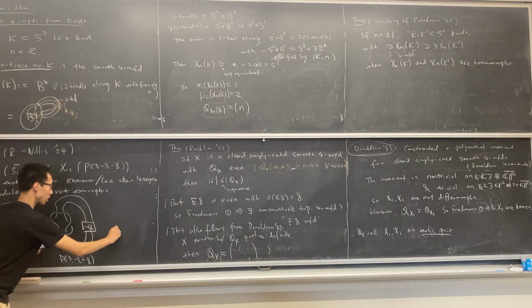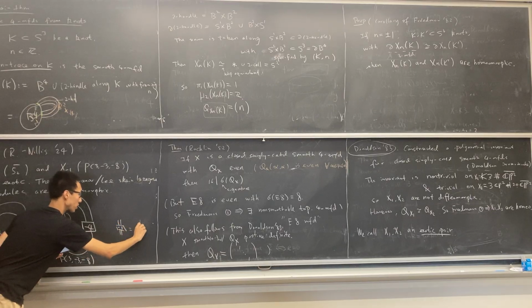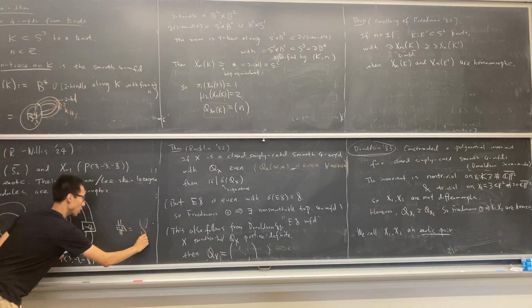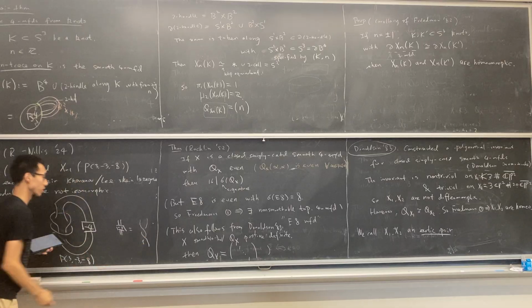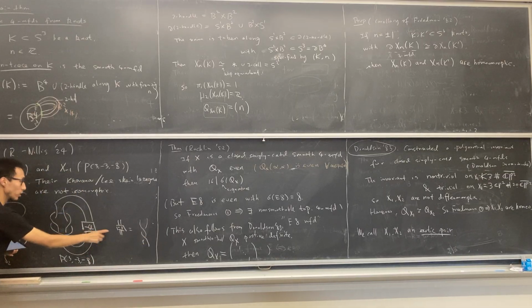This box here indicates twists. So -1 is the same as this right here. 94 is just 4 copies of that.